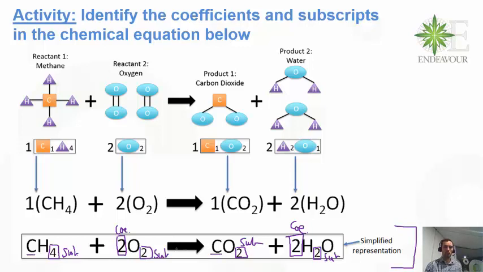So there's 1 carbon in CH4, 1 in CO2, and 1 in each water molecule. So remember, the coefficient is the number that tells you how many lots of that particular molecule are present, and the subscript is the number that tells you the number of atoms of that particular type present in a molecule.